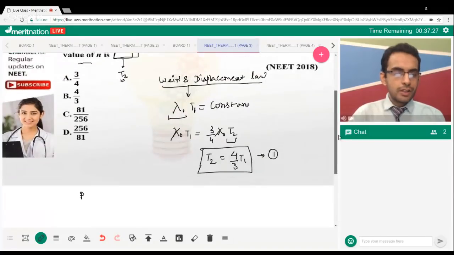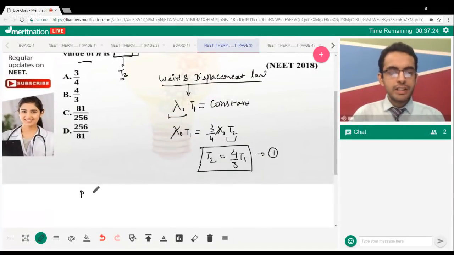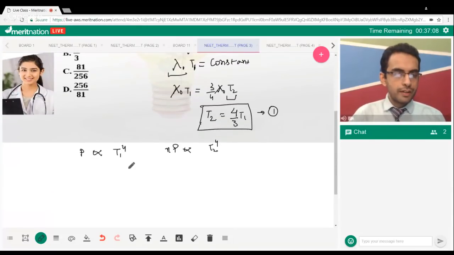It's given that P is the power initially, so P is proportional to T1 raised to the power of 4. And NP, that's the final power, is proportional to T2 raised to the power of 4. So what can we write? We can write P by NP is equal to T1 raised to the power of 4.